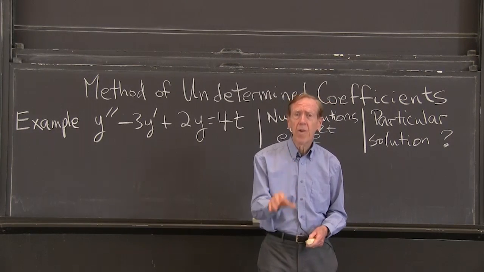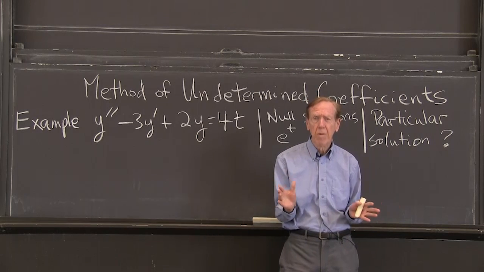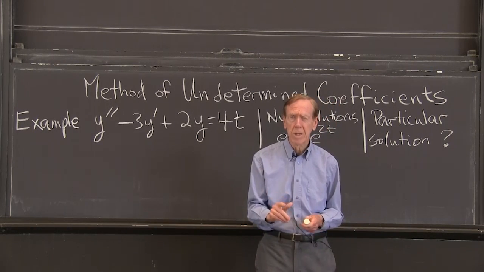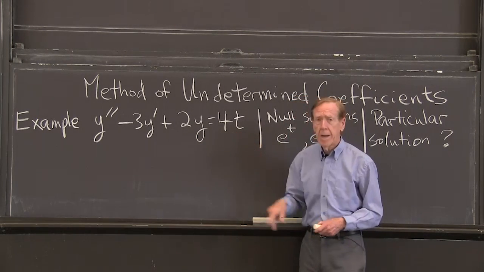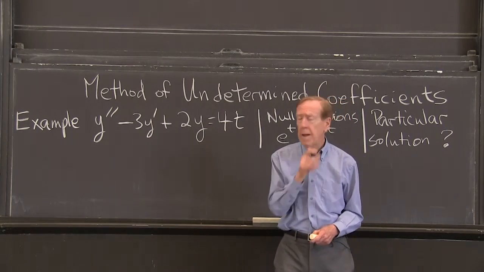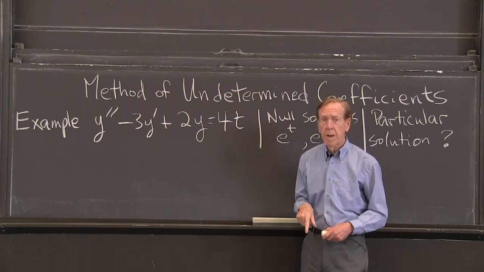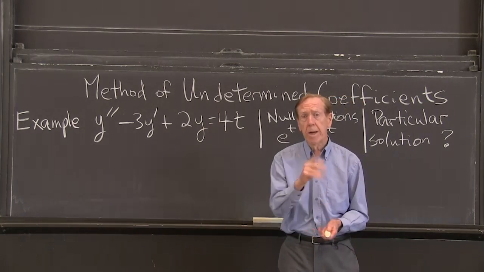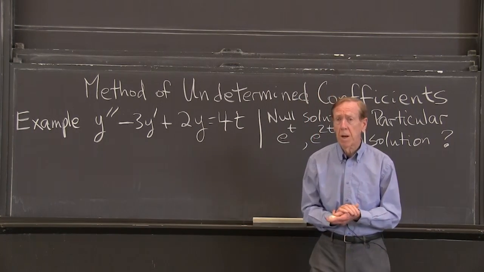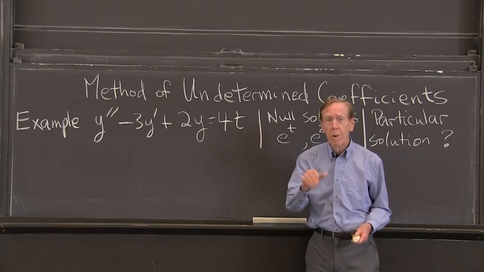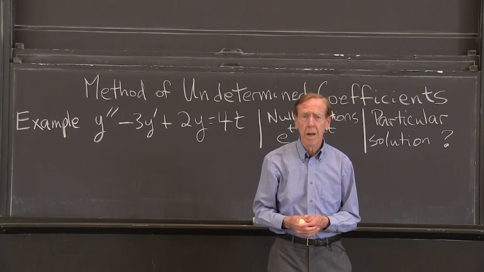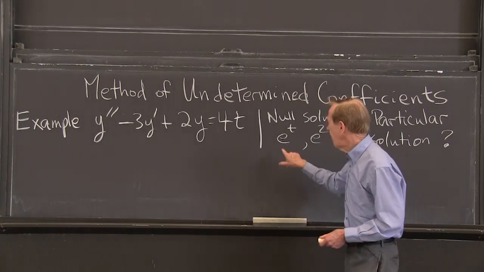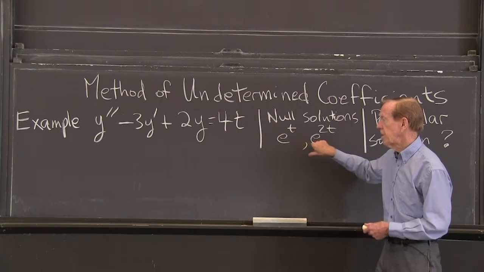But there are a few, the most beautiful, the most simple equations, when the right-hand side has a special form, and that's one possibility, t, or t squared we could deal with, or e to the t, we'll see all those. Then we know what the solution looks like. For example, first of all, we know the null solutions, of course.